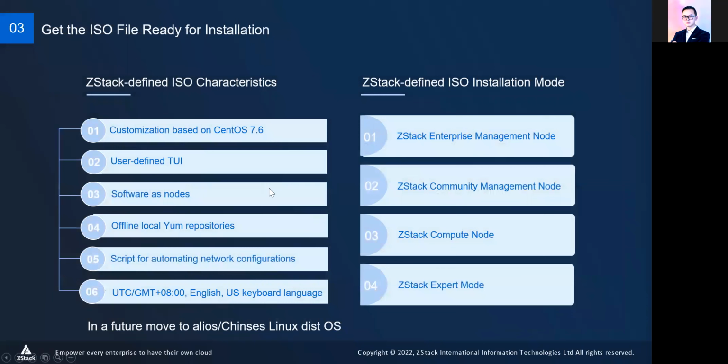Our installation ISO is actually based on CentOS 7.6. We all know CentOS is reaching end of life very soon, maybe next year. In the future, we will move to Ali OS, which is another distribution based on Red Hat.